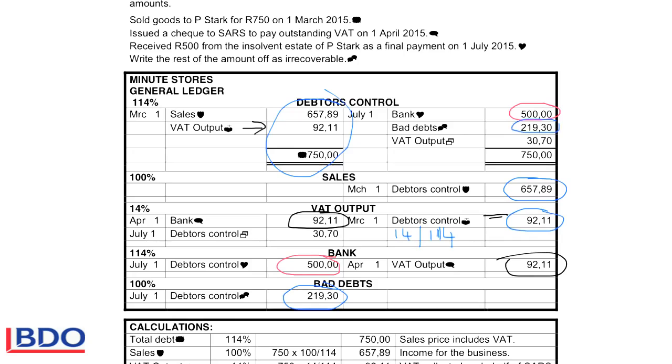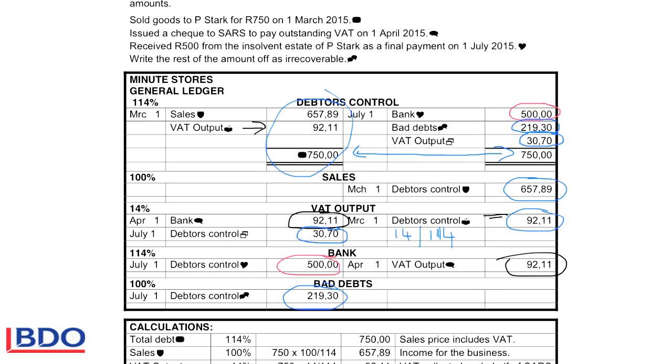And then we will debit the VAT output to indicate that we can claim this money back from SARS because we did not collect it on behalf of SARS. So VAT output will be debited with 370 and the debtors control will be credited with 370. After we completed this entry, the total of the debtors control, the 770, must be equal to the 770 that we sold originally because they paid part of the debt and the rest of the debt was written off.